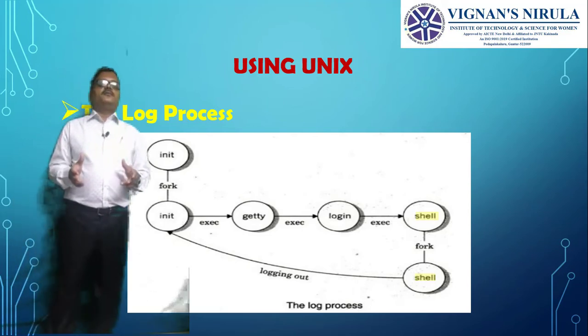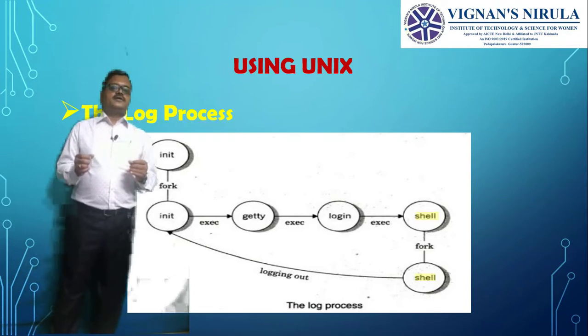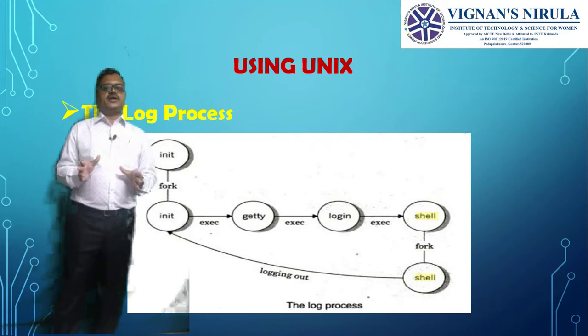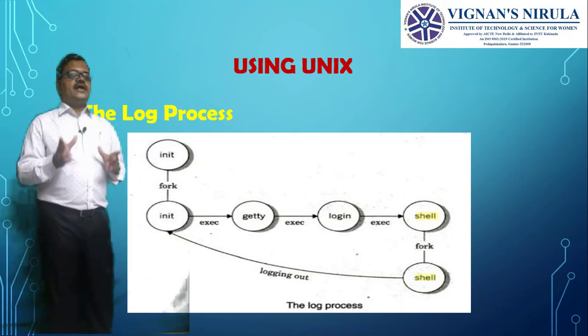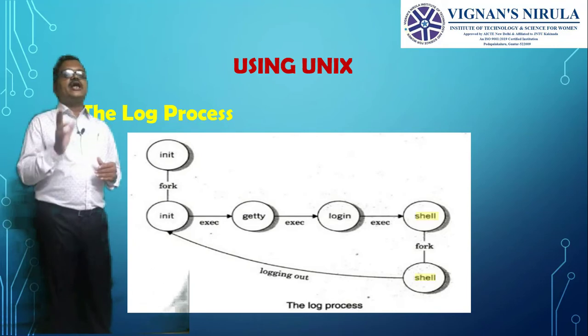This is the basic thing that happens, and every user has login information. Every user has a login ID and also a password. These two are unique to the user, and the password in the /etc directory will be in encrypted form.